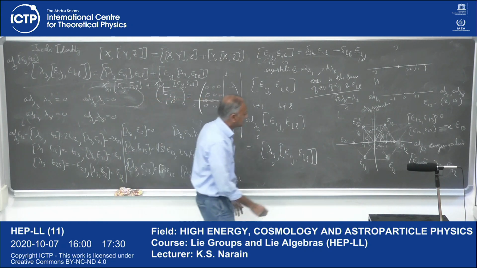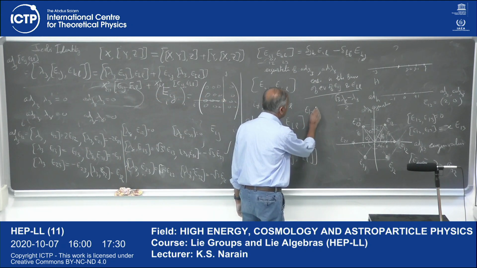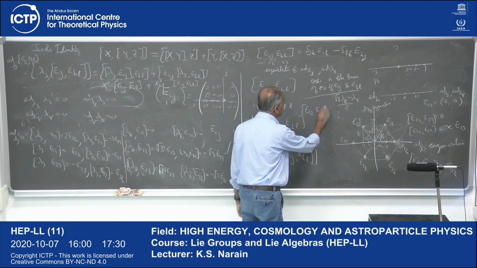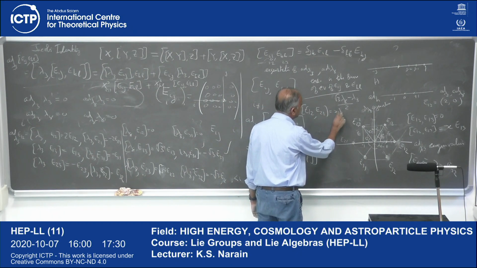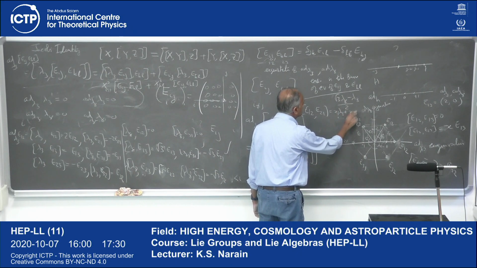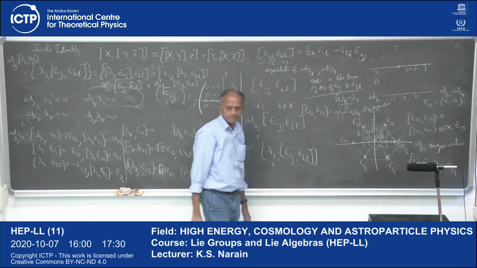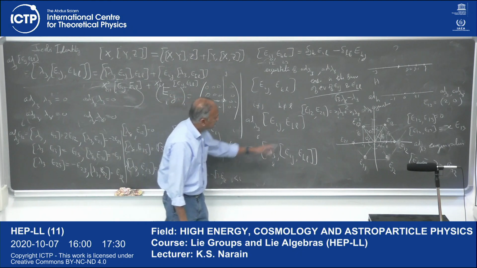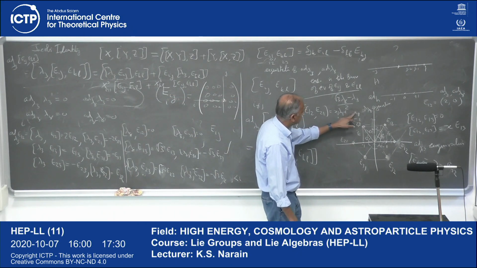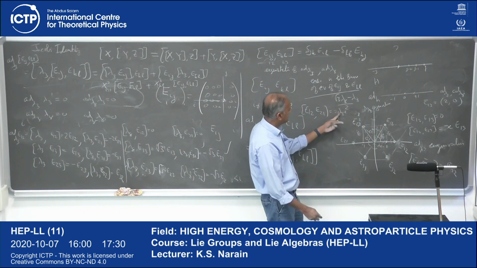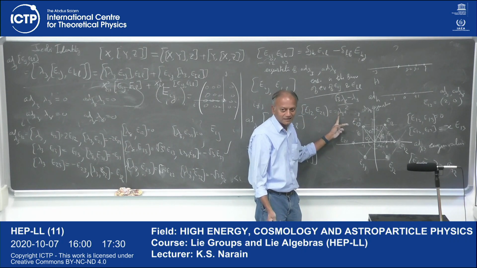So therefore we are concluding that the commutator of E12 with E21 should be some combination, let's say x1 lambda 3 plus x2 lambda 8. Some combination. Actually, in this particular case, you will see that it is just lambda 3. Because that was an SU2 subalgebra, remember?